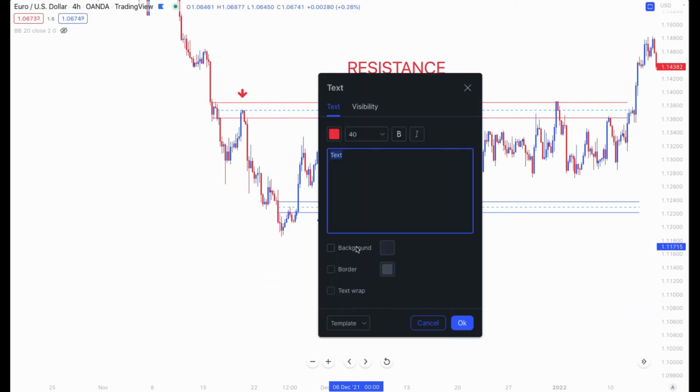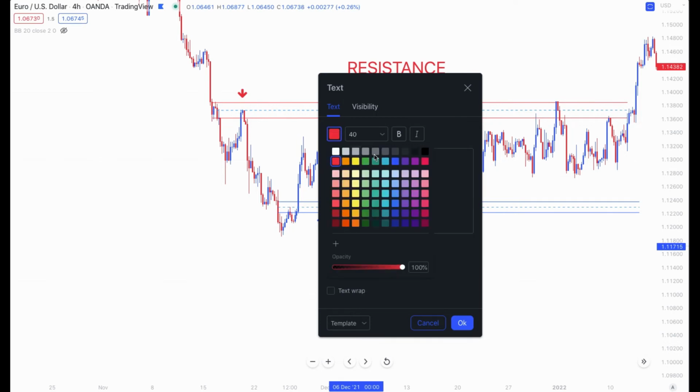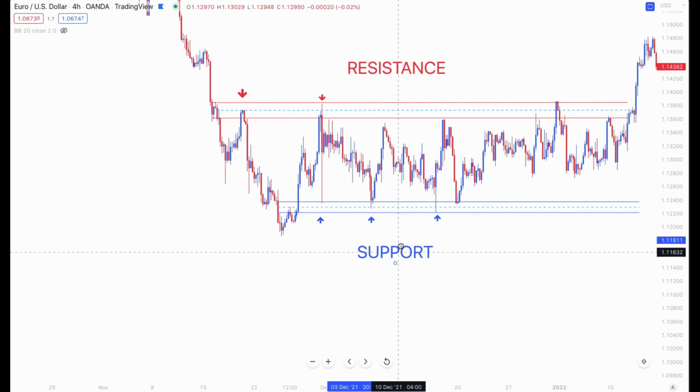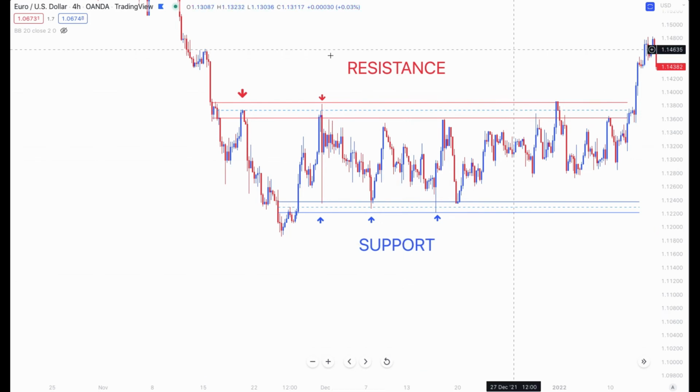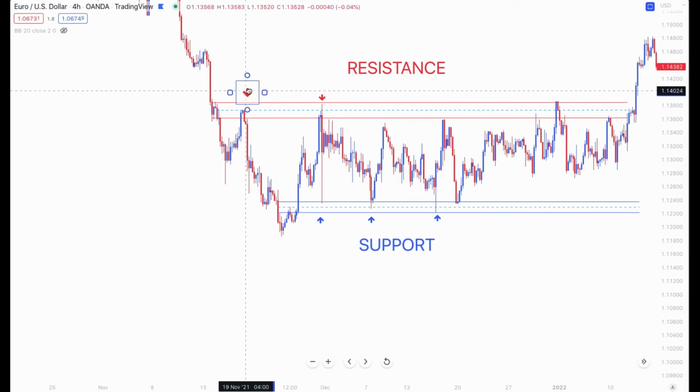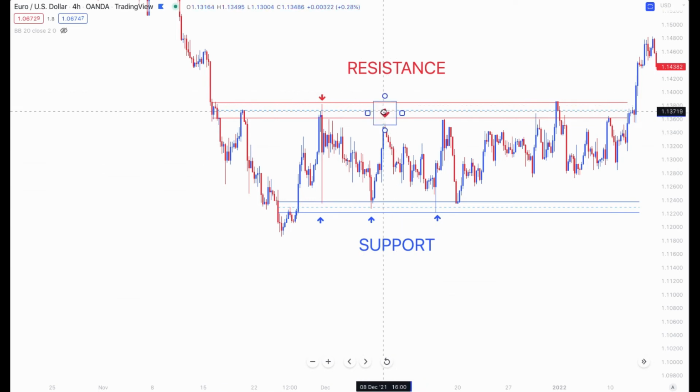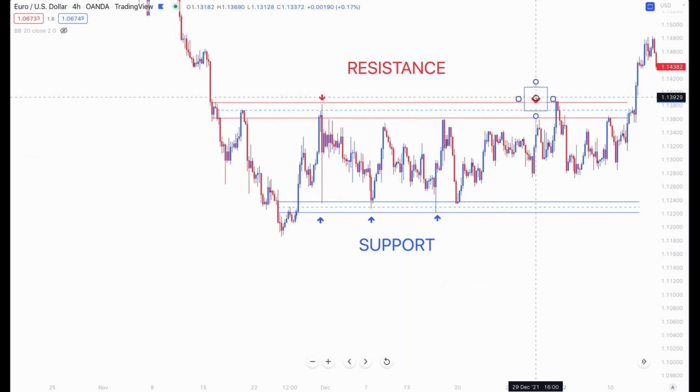Okay, let's just put the word support there so it'll show a little bit more clearer for you guys. Right, support at the bottom, resistance at the top. All right, and we can clearly see every time price tries to come up to these levels, it gets rejected all the time. This is resistance. This is what it means when we say support levels versus resistance levels.